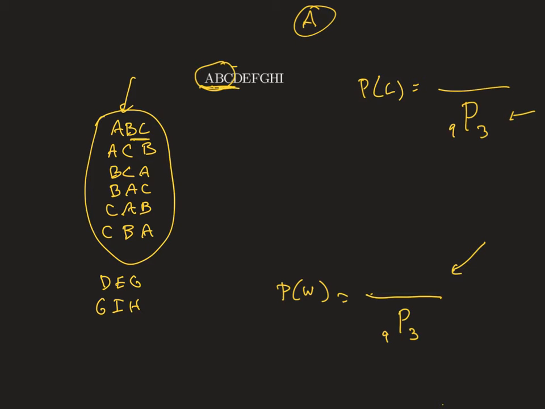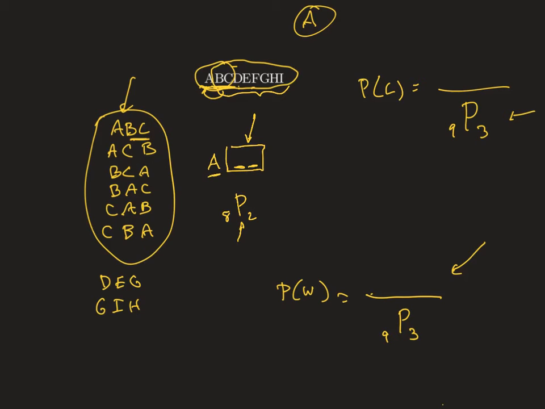So how many different ways can I match 2 letters with A? Well, you can choose A in the first position, and then any 2 letters can go with it. We have 8 letters, and we could choose any 2 to go here with the A. So this is going to be 8P2. That's all the different combinations of putting 2 letters here, and that includes D, F, and F, D. We are ordering them because we're using permutations.